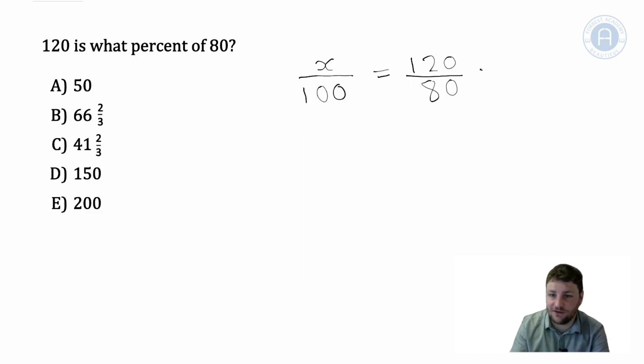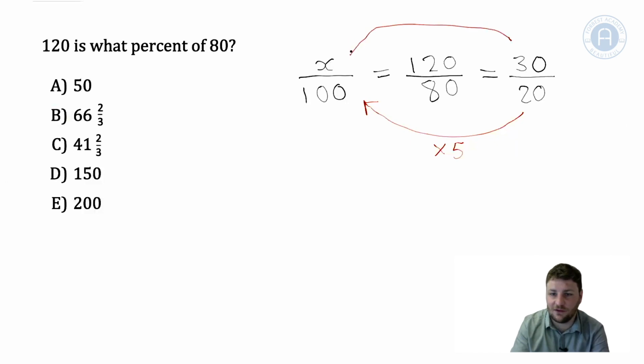80 over 120, I can simplify that down if I divide by 4 to give me 30 over 20. And then if I compare 20 to 100, we know that's multiplied by 5. Same with 30, multiplied by 5 to give me a value of x of 150.